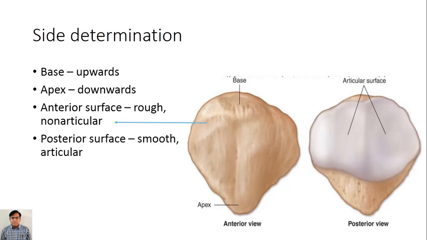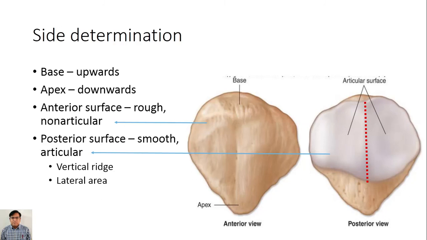This is the posterior surface, and this articular part is divided by a ridge into medial part and lateral part. So this is lateral area and medial area. So anterior surface is rough and posterior surface is mostly smooth. So you can decide the upper side, lower side, anterior side and posterior side.